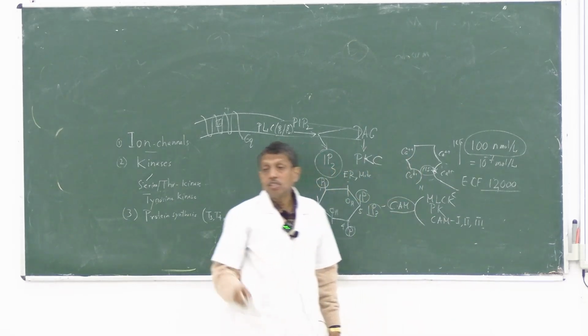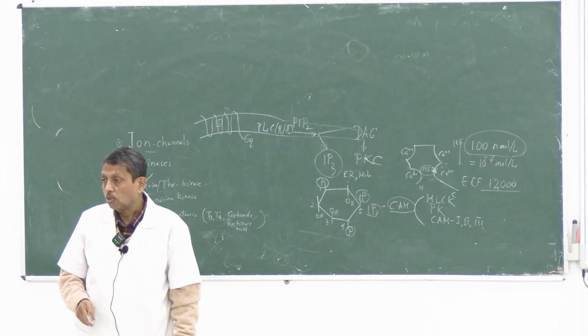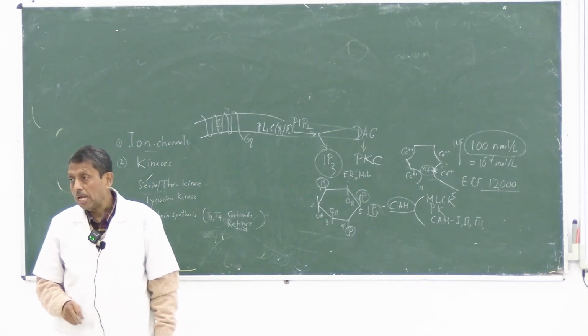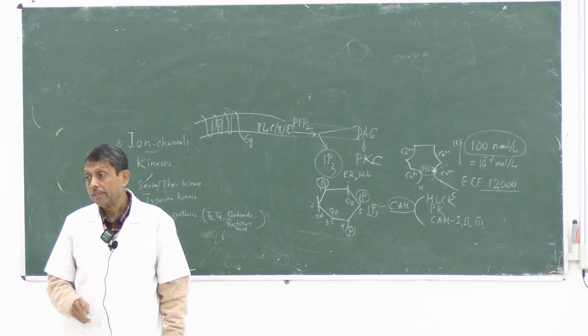So there is a tendency of calcium to enter from the extracellular fluid into the intracellular fluid, where its concentration is much lower, and the electrical gradient is also in its favor.